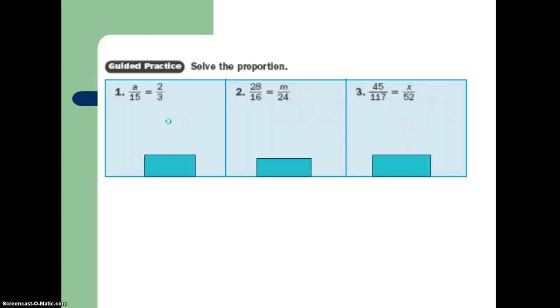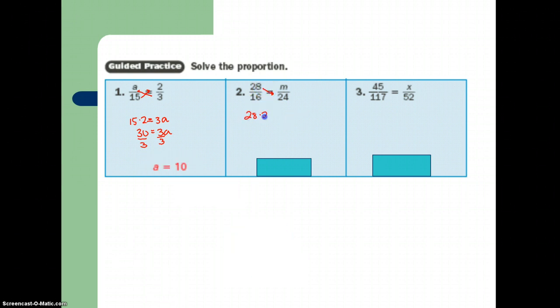Pause the video and try 1, 2, and 3. Find the missing variable. For number 1, we do 15 times 2, and then 3 times a. That's 30 equals 3a. Divide by 3 on each side. 10 equals a.